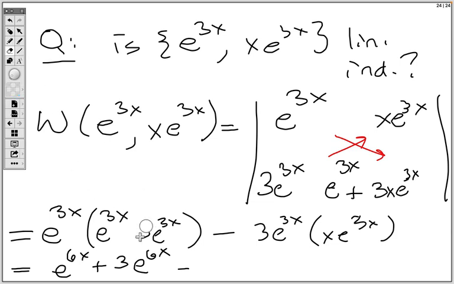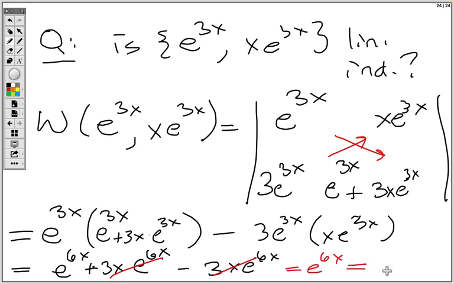I forgot this x. Minus 3x e to the 6x. Sure enough, those cancel out. I'm left with e to the 6x.